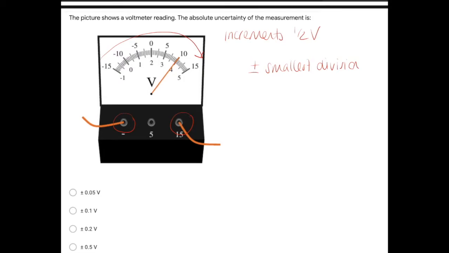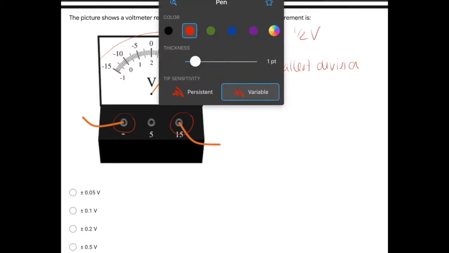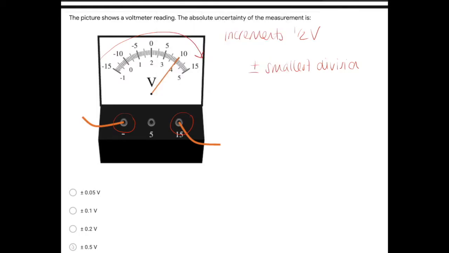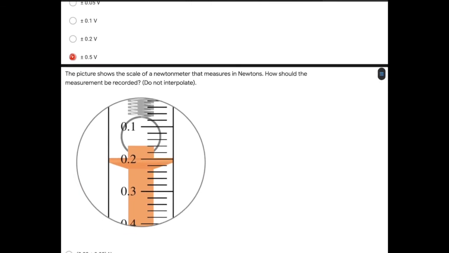That means our answer would be D, which is plus or minus 0.5 volts.